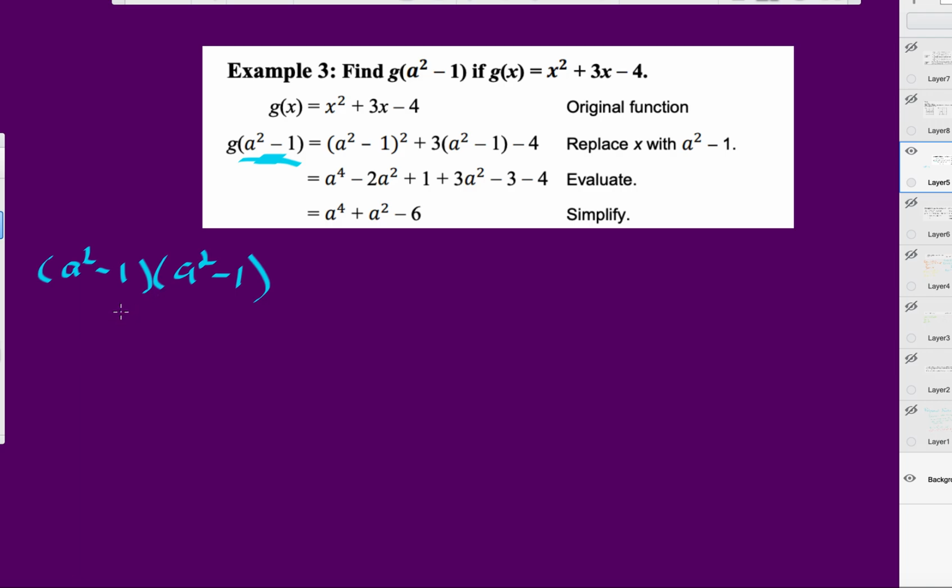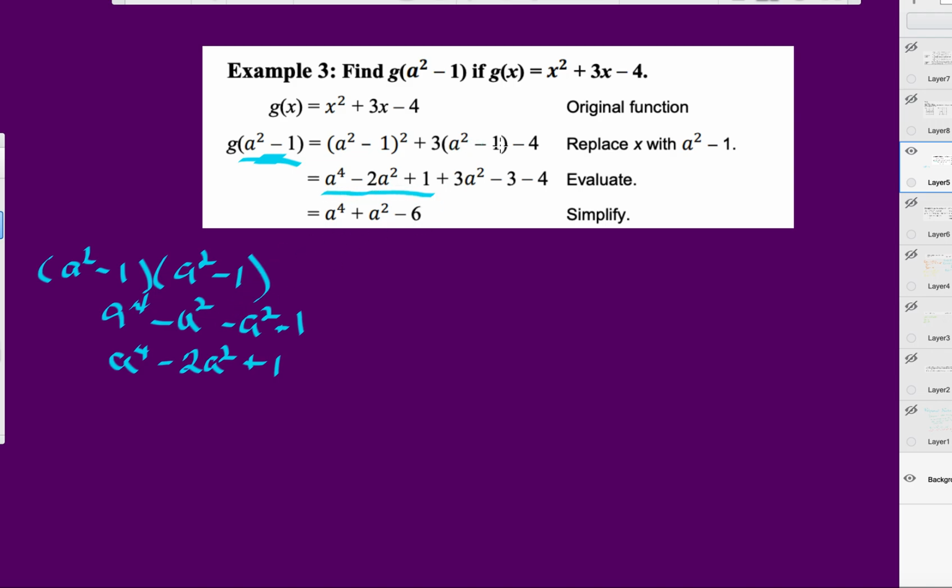Well, a squared times a squared is a to the 4th, and then a squared times -1 is negative a squared. -1 times a squared is negative a squared, and then -1 times -1 is positive 1. All right, and so they put these two minus a squareds together, and they get -2a squared, a to the 4th up front, and plus 1. And that's where this part comes from.